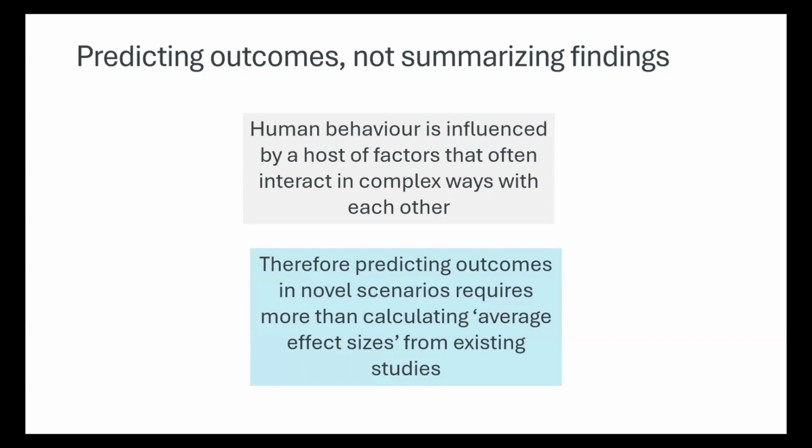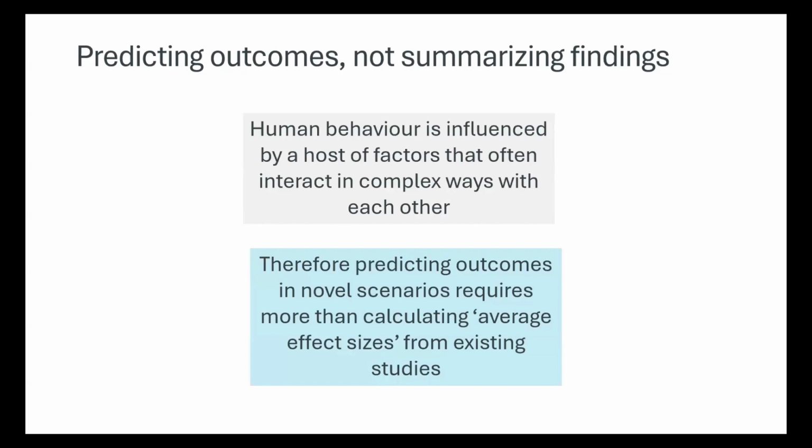Their nicotine dependence levels are this, their age profile is this, their deprivation profile is this. What am I going to see if I then provide free nicotine replacement therapy to people in this population? That's what you want to know. And that's what we're trying to do with machine learning. So that's the difference. I can't emphasize it enough. It's predicting outcomes, not summarizing findings.